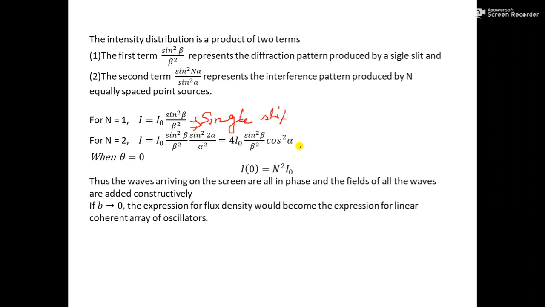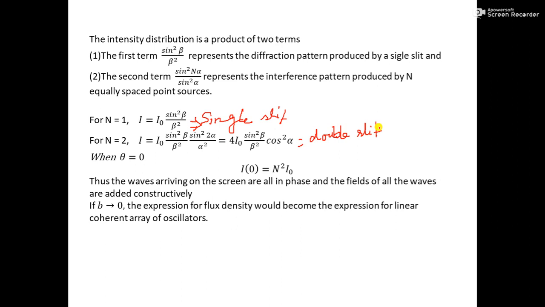This is the expression that we got in the case of the double slit diffraction pattern. So this is for double slits, for n equal to 2, that is the number of slits is 2.